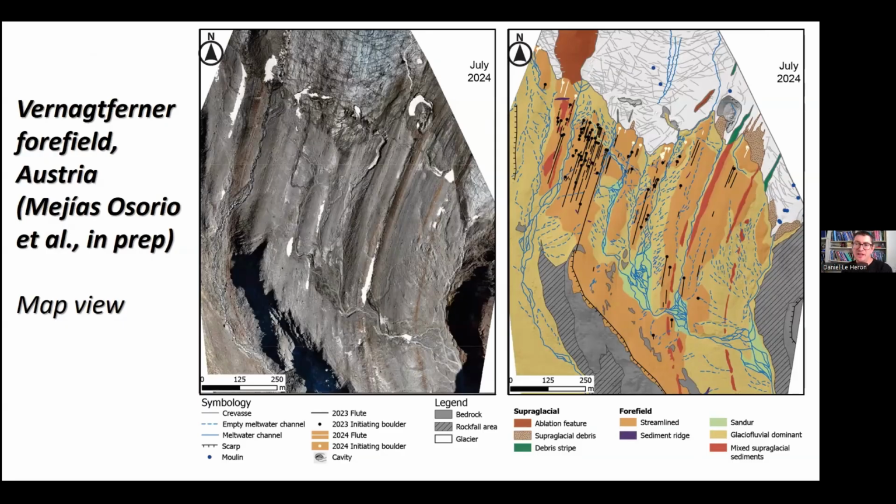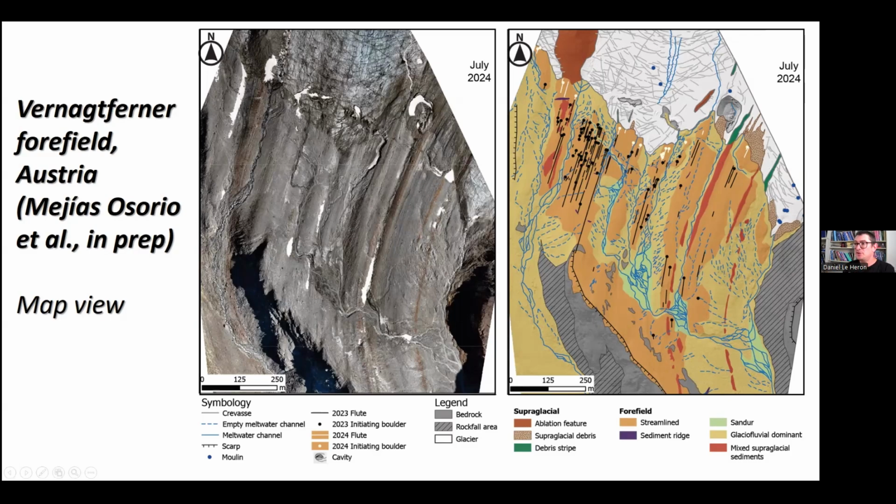And we can measure their lengths, we can measure their widths, and we can start to think about them as maybe separate features, or maybe ask whether all of these lines that you see are related somehow in one continual process.